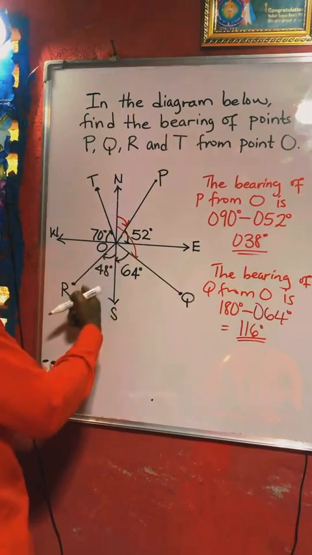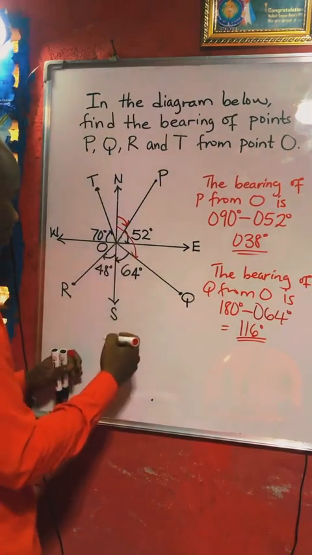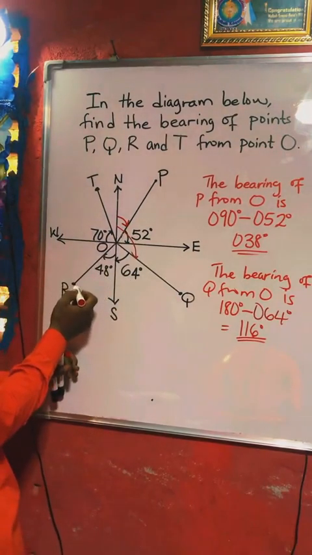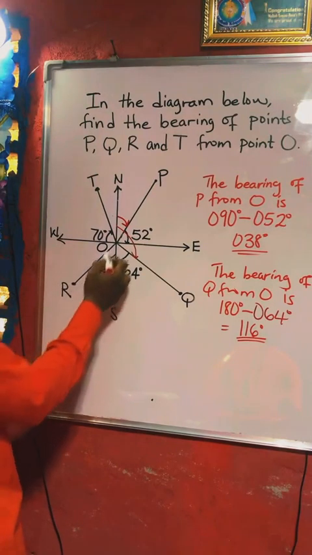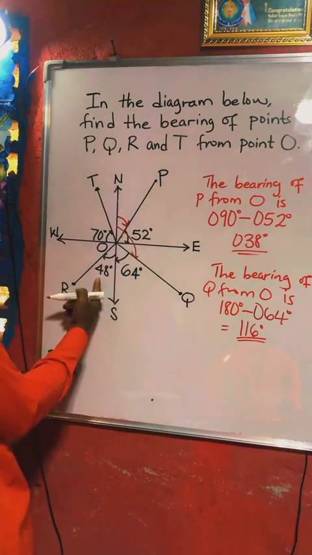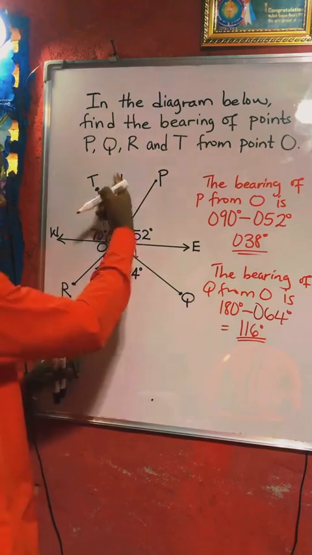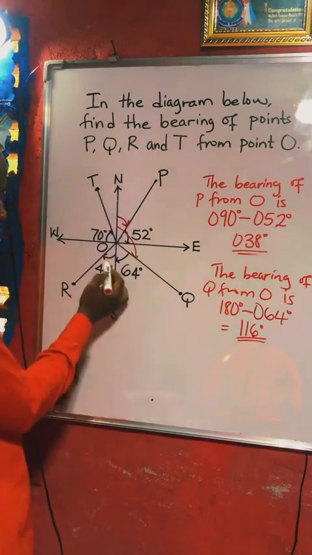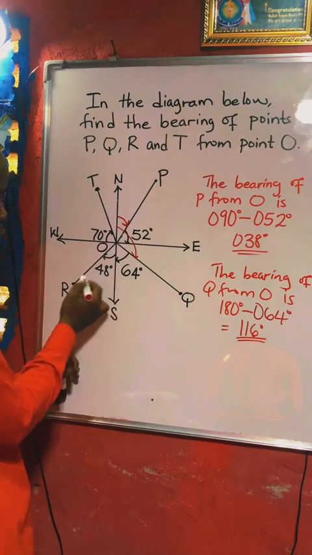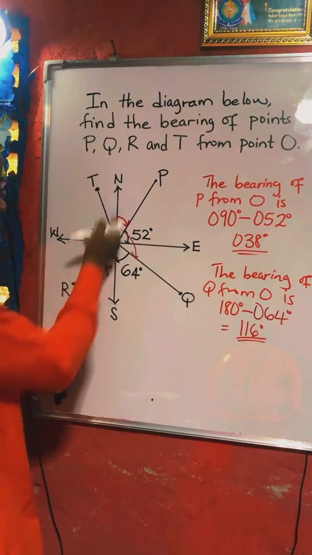Then the next one is R. The bearing of R from O here. Since it is coming before this arrow here, it means that we now add this 48 to the 180, because a straight line measures 180 degrees, and we have an additional 48 degrees to R here. So this 48 plus the 180.